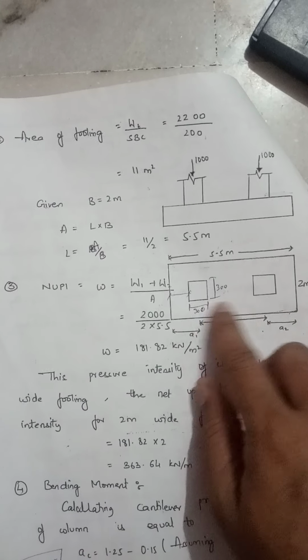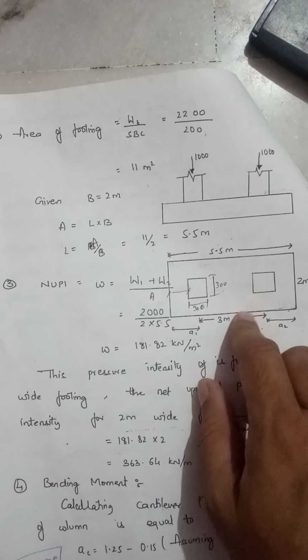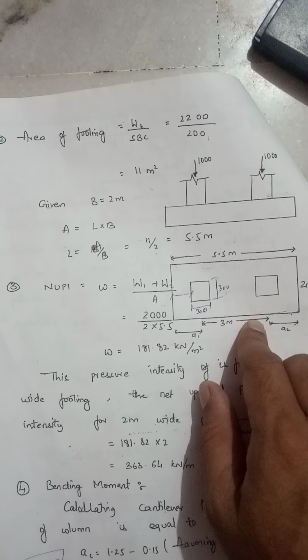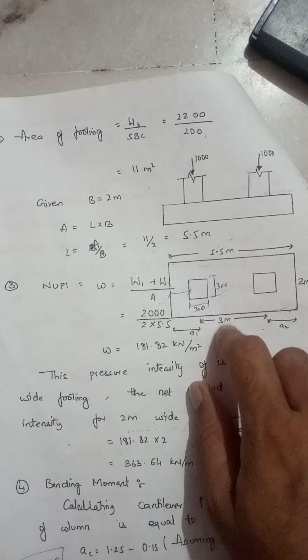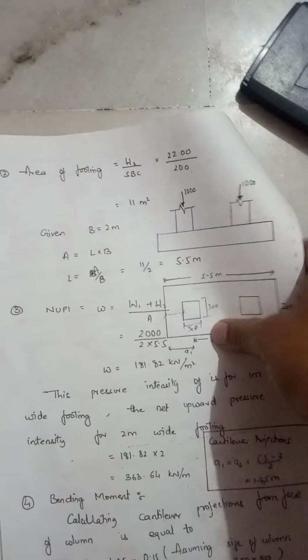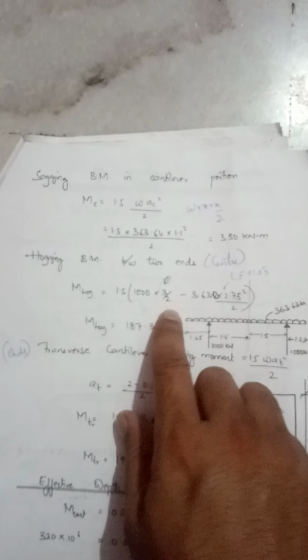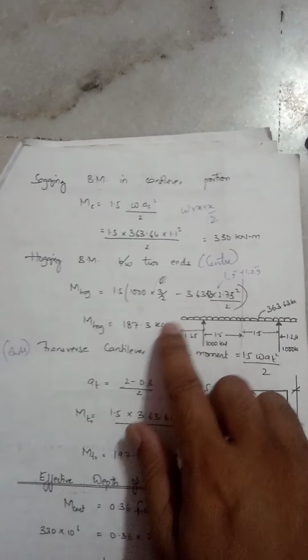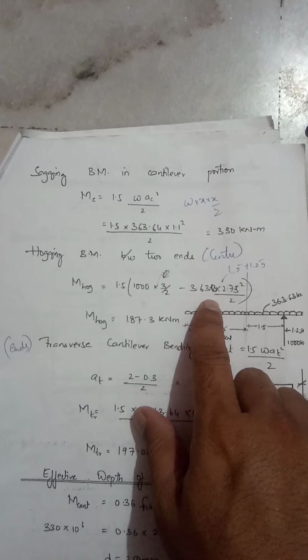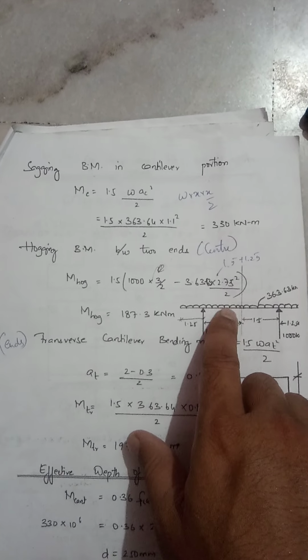The center to center distance is 3 meters, so the center will be at 1.5. So 1000 into 3 by 2 into 1.5, minus NUPI 363.63 into 2.75 squared by 2.